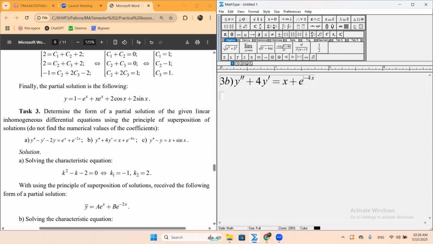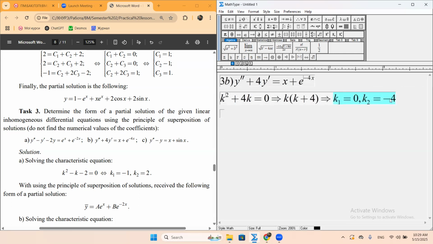Writing down the characteristic equation: k square plus 4k equals 0. So k times (k plus 4) equals 0, and it means that k1 equals 0 and k2 equals minus 4.